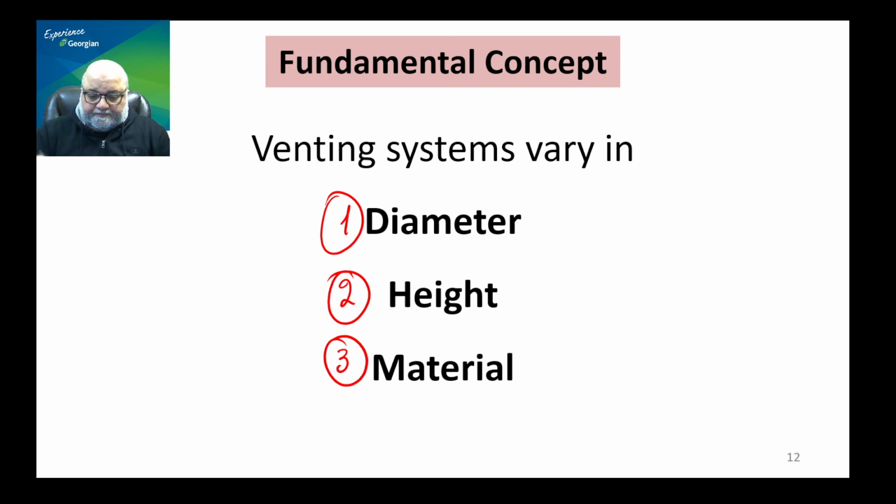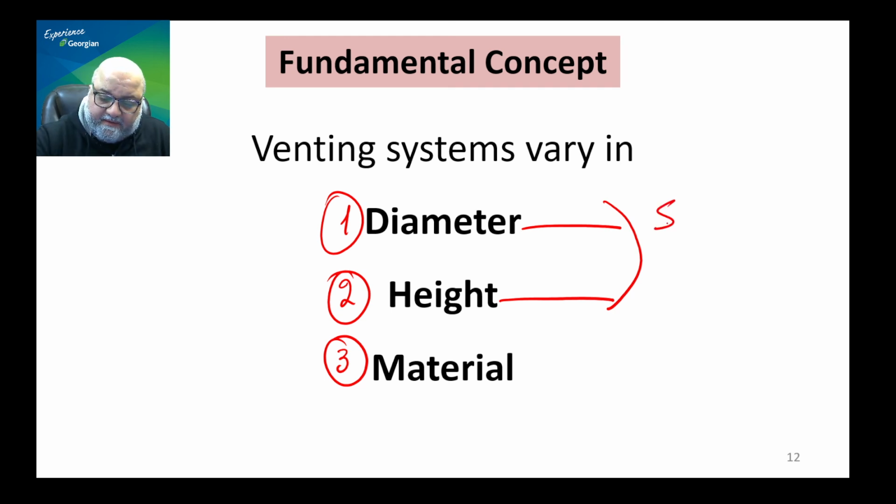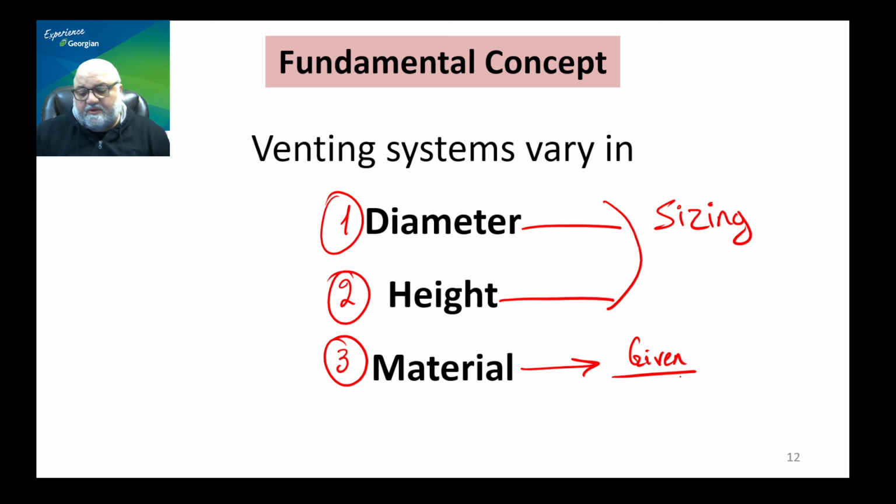Now, let's just say that the diameter and the height are what we call sizing of the venting system. Material is going to be given to you. In vent sizing, no one is going to ask you what material should we use. It is going to be given to you.